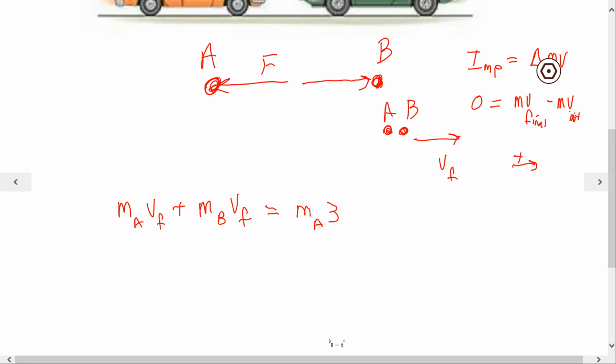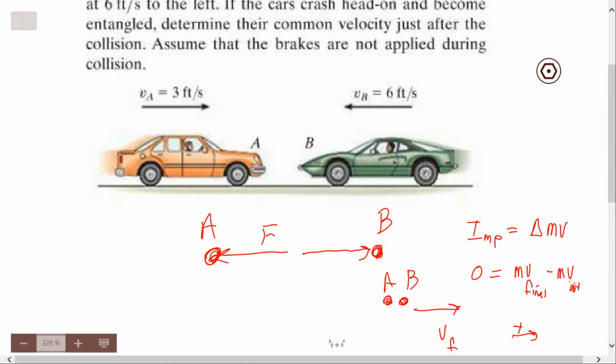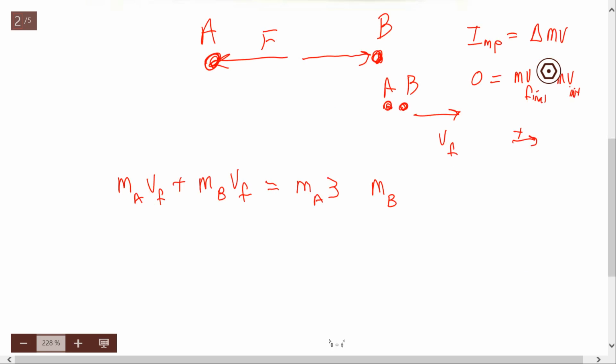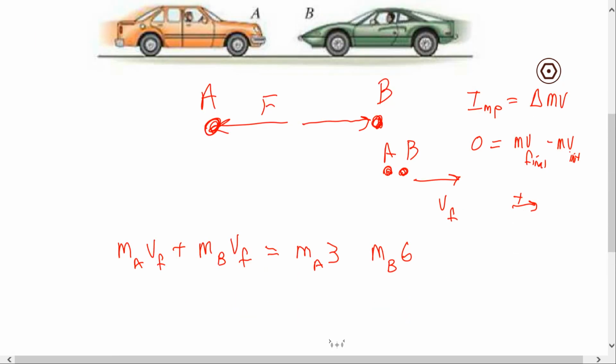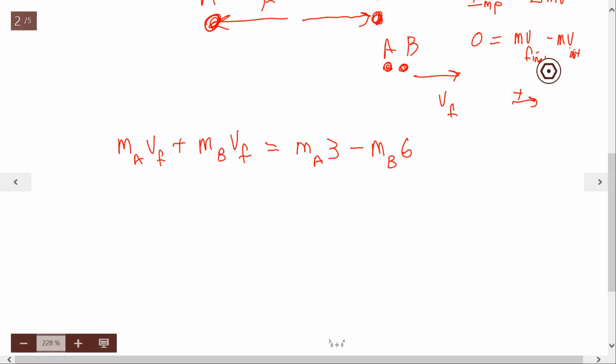Does B have some momentum? How much? Yeah, it's negative. Mass B times how fast is he going? 6? Positive or negative? You sure? Absolutely.